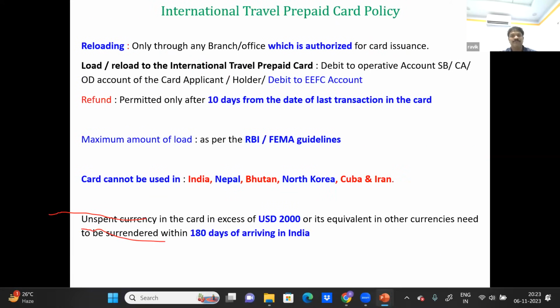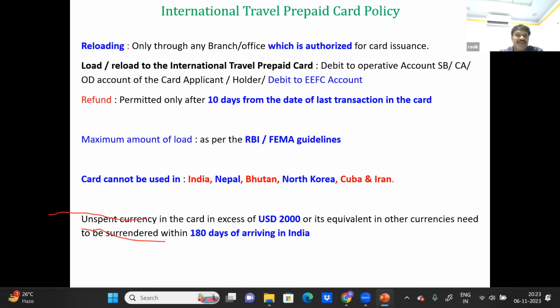Now, reloading. I already told you, it can be reloaded only through an authorized branch office. For example, if he is in America and the amount he kept is exhausted, he can call that branch. If his operative account balance is there, the branch will take from that operative balance and reload the card.